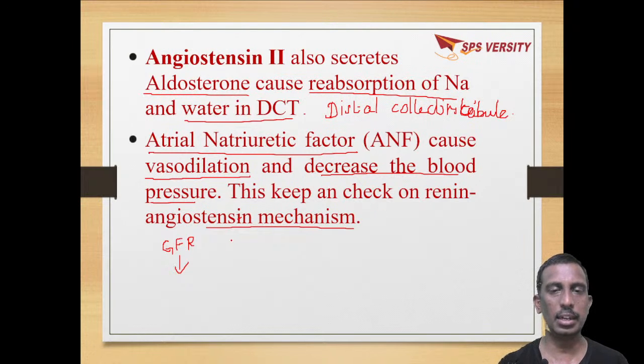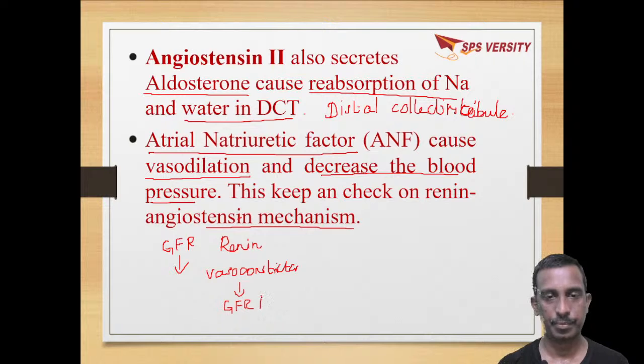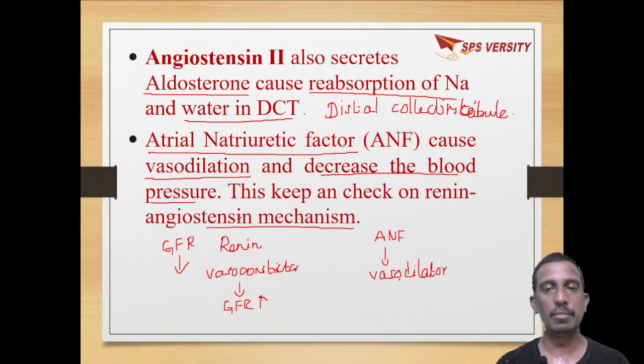So here, the role of renin: renin is a vasoconstrictor, so it will increase the blood pressure. As it increases the blood pressure, the GFR rises, that is, when it falls down, it will be raised. Whereas atrial natriuretic factor, ANF, is a vasodilator, which will increase the lumen of blood vessels.